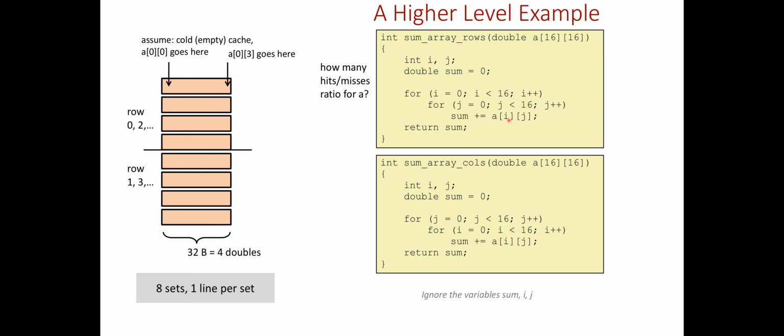And you remember that is good spatial locality. That means we are going to access the first element, the 00th element, and then we're going to access the 01st element. But what happened was that when we access the 00th element, we get a miss.